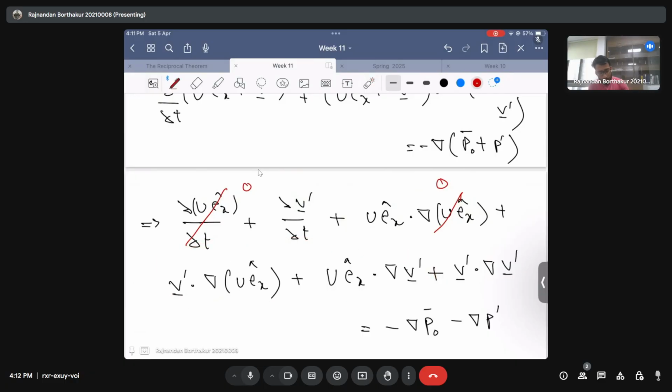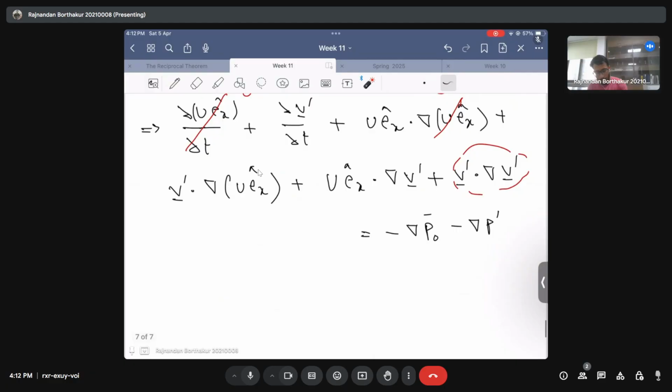This term, if you take a close look, has the unknown v dash: v dash dot grad of v dash. This is a non-linear term, and since we are in the domain of linear stability analysis, this kind of non-linear term we will discard. The unknown is v dash, these are the perturbations that we are trying to solve for.